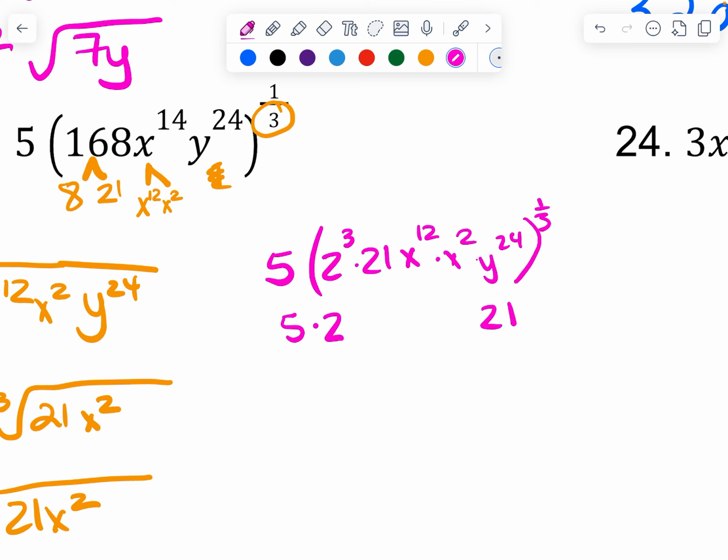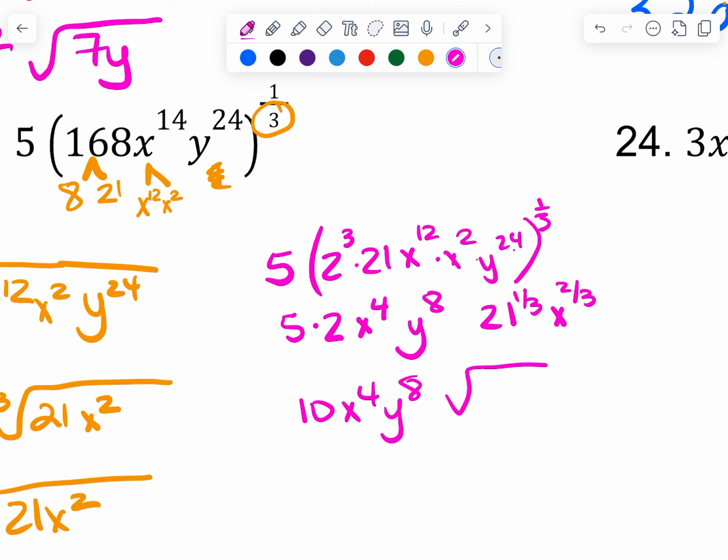So then I have 21 to the 1/3 power. 3 goes into 12 4 times. 3 doesn't go into 2, so that gives me an x to the 2/3 here. And 24 divided by 3 is 8. So 10 x to the 4th, y to the 8th, cubed root of 21x squared. So it still comes out to the exact same thing.